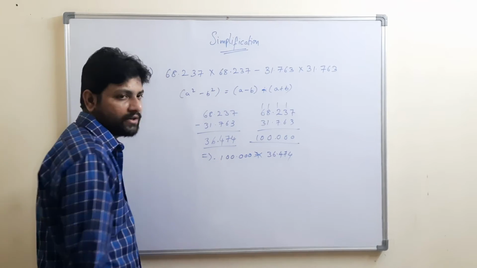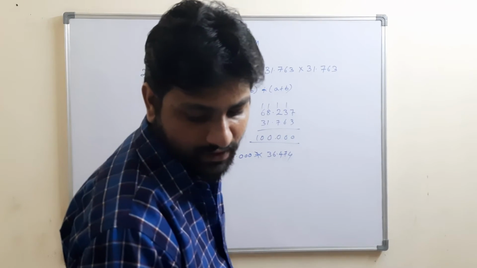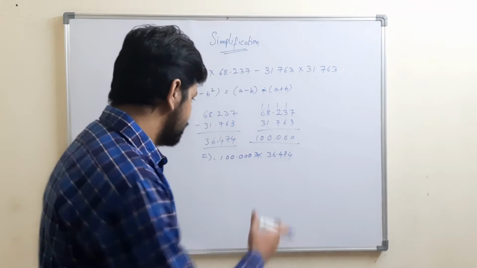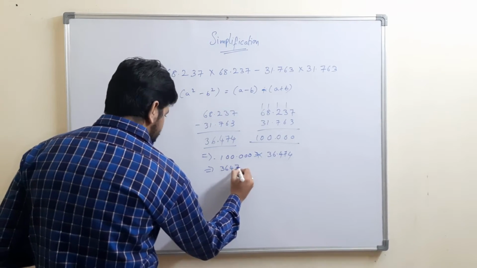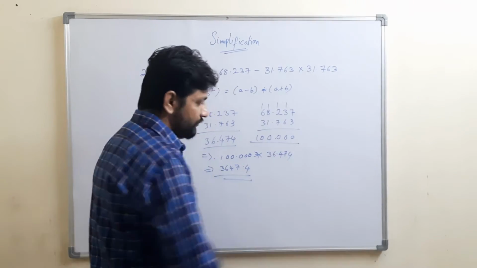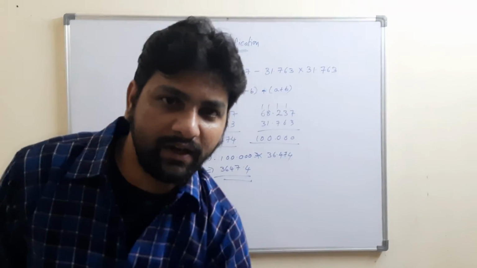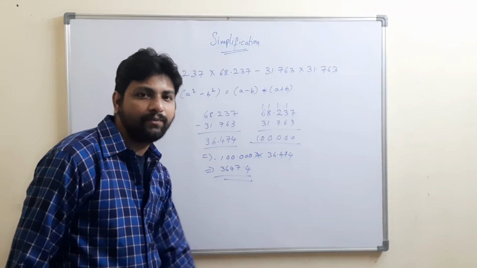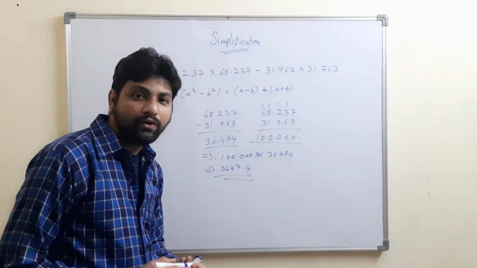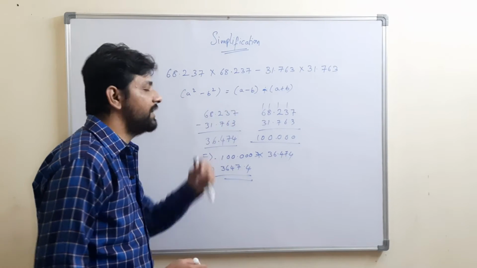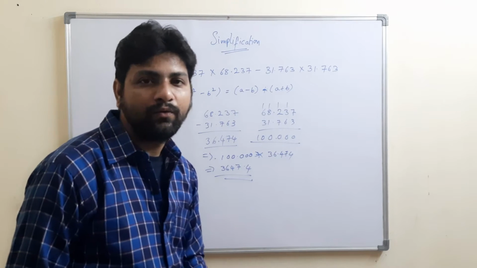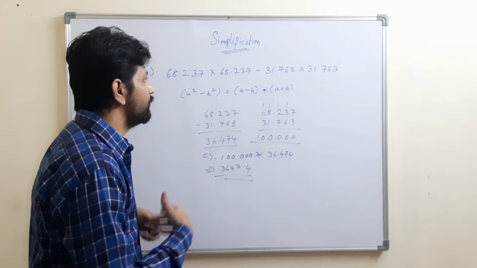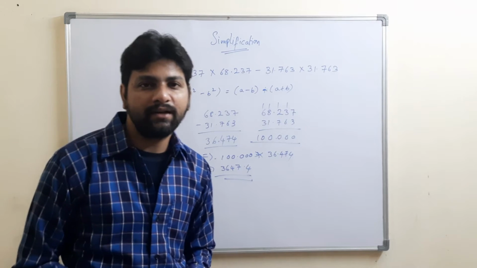Please calculate; the value is 3647.4 if you multiply. So this is the decimal type of simplification. It is also very easy. Let me go for some more calculations.